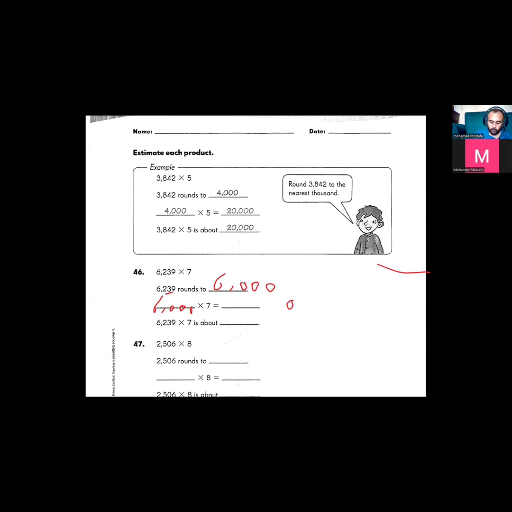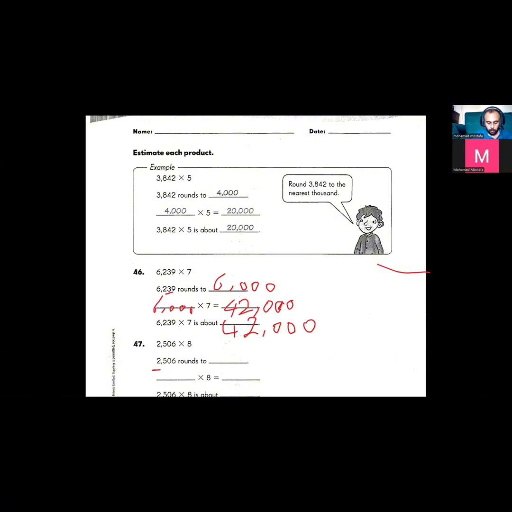Bring down the first 3 zeros, and then 6 times 7, 42. Very good. So 6,239 times 7 is about 42,000 by rounding, not exactly.